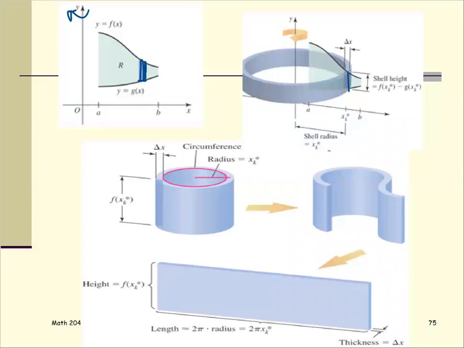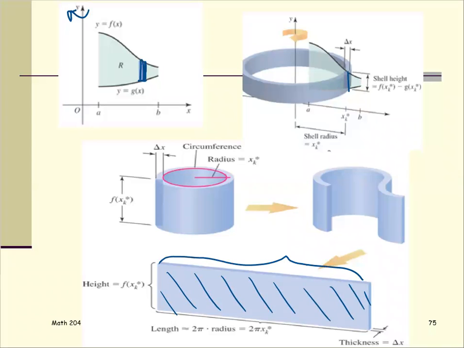So to find the volume of one shell based on this idea, you're going to use the cross-sectional area, which is the area of the rectangle, multiplied by the thickness. The thickness depends on how you perform the cross section.